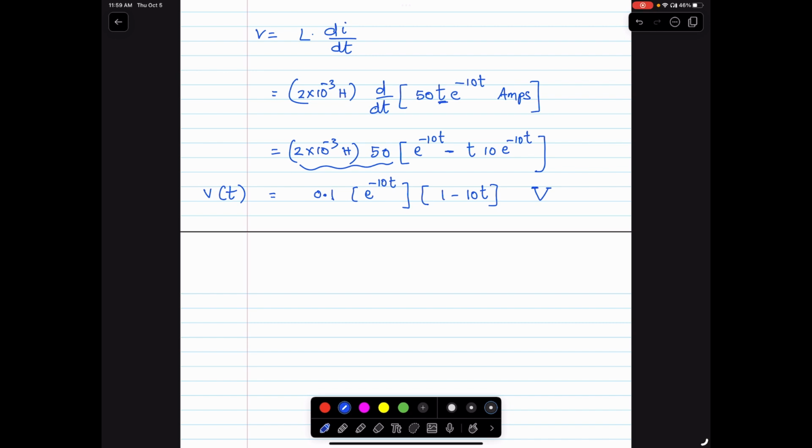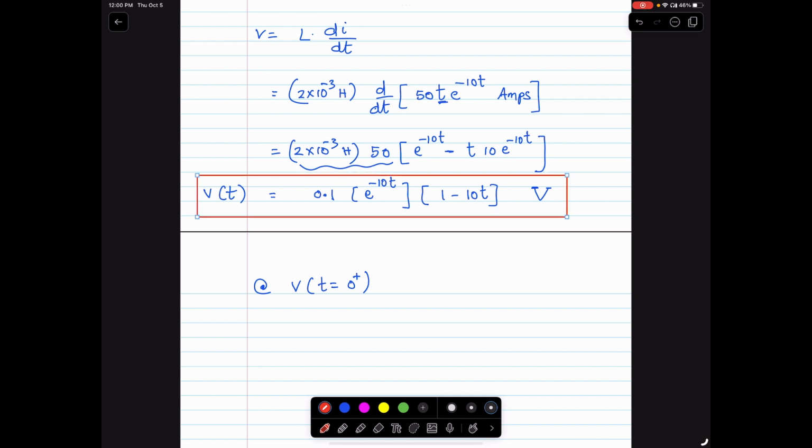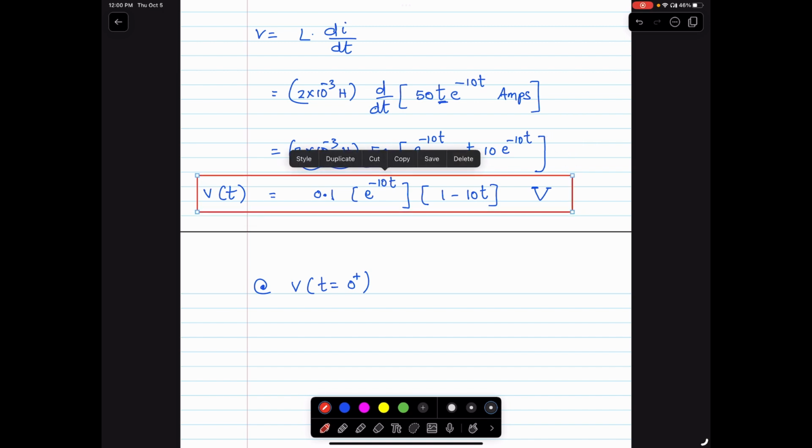Now it's easy to solve problem A, where we are supposed to find the voltage at time equals 0 plus. I plug 0 into the above equation. Let me put this in a box so we can keep coming back to this expression. I plug in t equals 0 in each of the t terms.